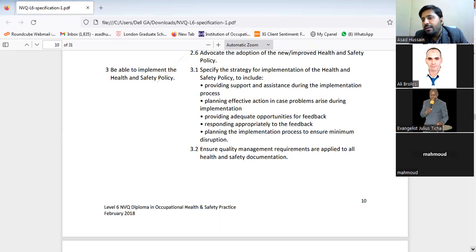For this purpose, you can use the TBT, training sessions, inductions, management review meetings, and committee meetings as evidences. Is it clear for everyone?